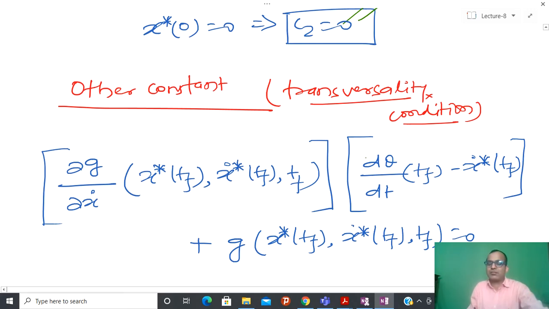Whenever we are talking about the transversality condition, we are talking about two different planes or two different curves, the intersection of two different points or curves. In geometry and geometrical control theory, whenever two curves are approaching each other, the cutting point of the two curves is called transversality. So that condition is called the transversality condition. That is just a name. For the time being you can assume that this is just a name.